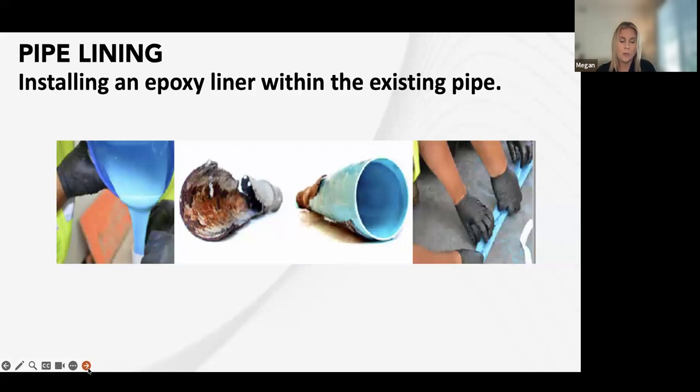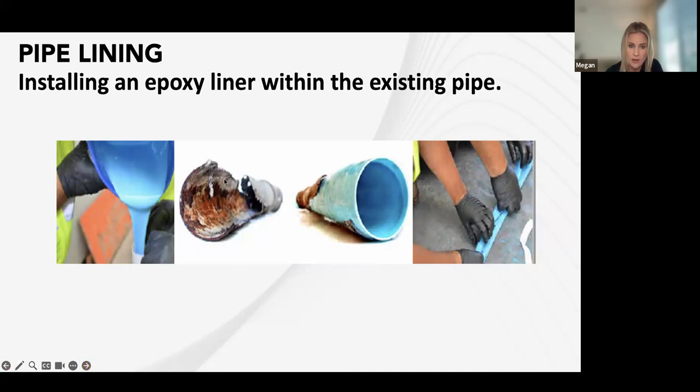So installing an epoxy liner within the existing pipe. Instead of a traditional replacement where everything between you and the pipe comes out and you have to trench holes in the floor, create access in the walls, or outside trenching landscape, this is an alternative to keep those pipes in place and actually install a new pipe within the old pipe.